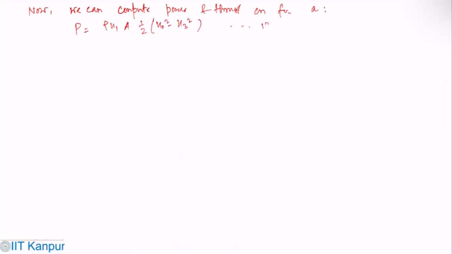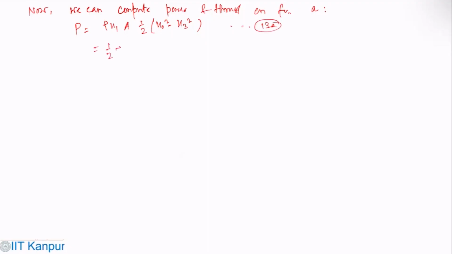Now we can compute power and thrust as function of A. So our P is rho U1 A half of (U0 square minus U3 square), which is 13A.